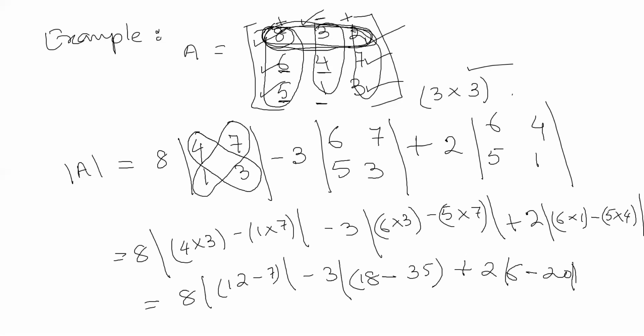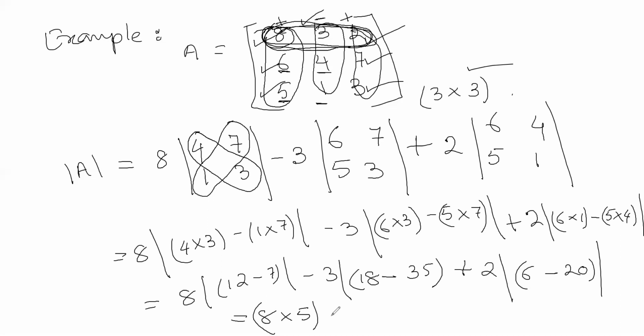Let me rewrite this portion again. This is 2 into 6 minus 20. Okay, so ultimately we are left with 8 into 5, because 12 minus 7 is 5, so we are just multiplying it.